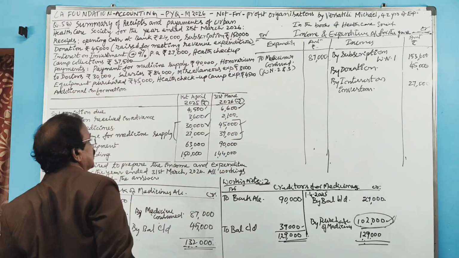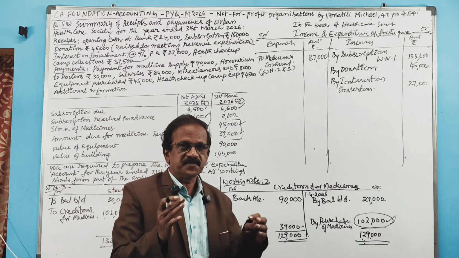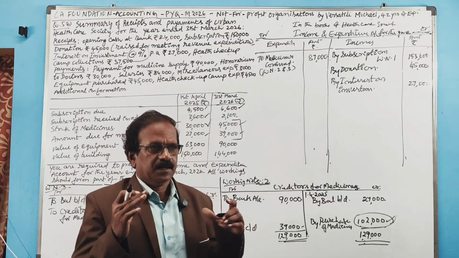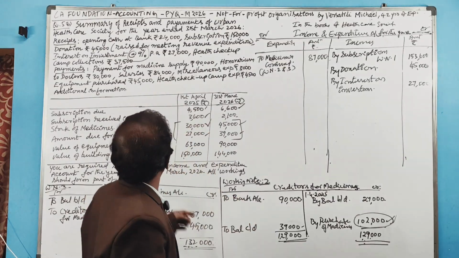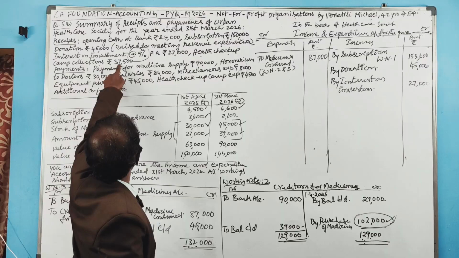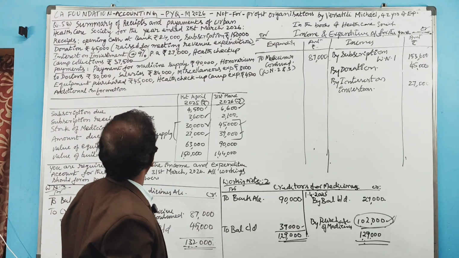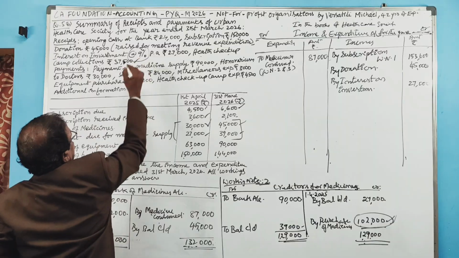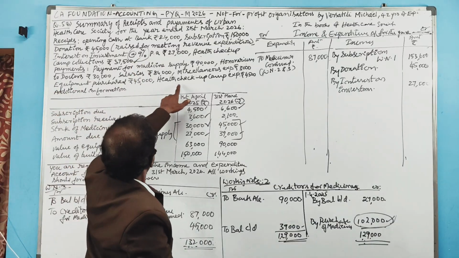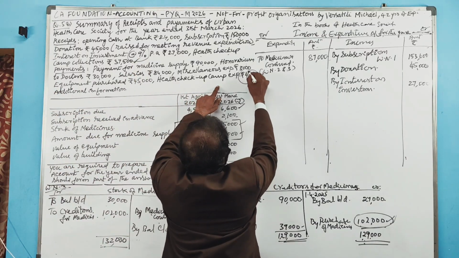Then health checkup camp collections. There was a camp, that is a specific event. In that specific event, we received some collections from the public. How much is that? 37,500. And out of this, we had spent some amount, 4,500.